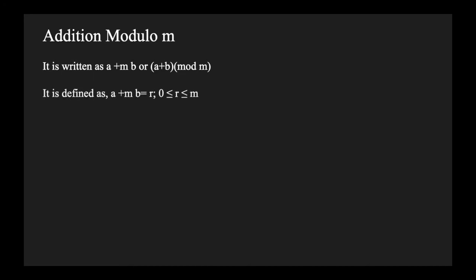First, let's understand what is addition modulo. It is written as A plus subscript M B, or also bracket of A plus B modulo M. It is defined as A plus subscript M B equals R, where R is between 0 and M. Where A and B both are integers, it can be positive or negative, and M is strictly a positive integer.